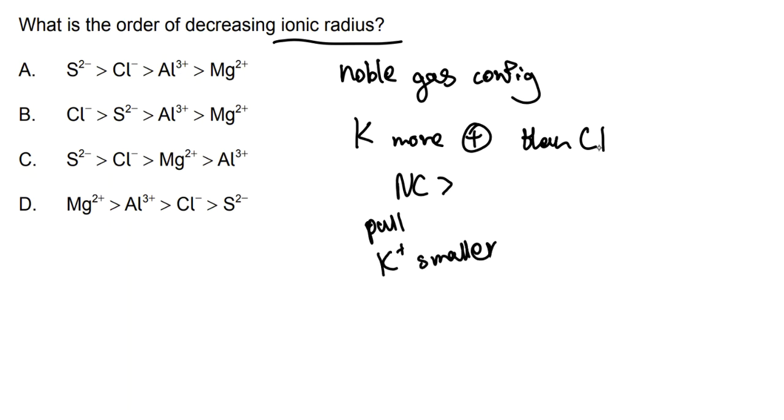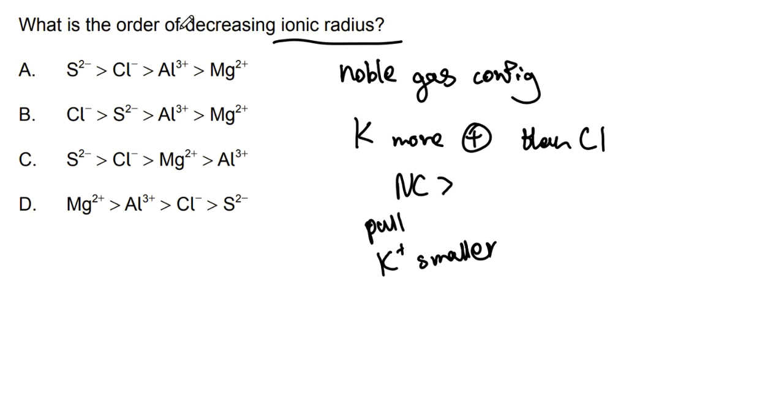Similarly, the Cl- ion would have more inter-electron repulsion as well, so it's going to be bigger. So generally, positive ions are smaller than negative ions if the same noble gas configuration is achieved across these cations and anions.